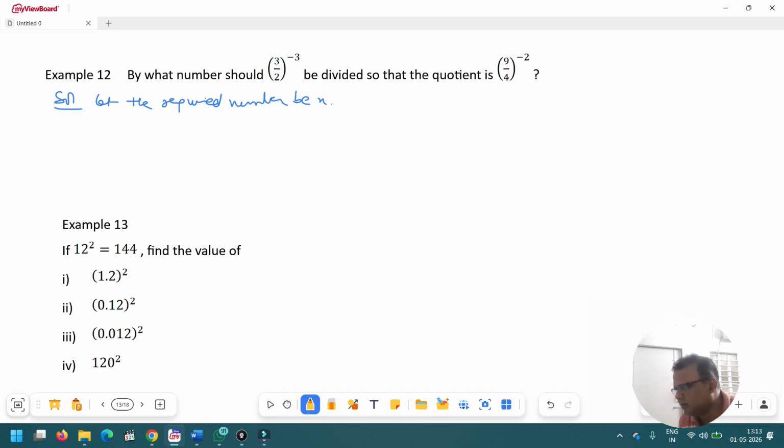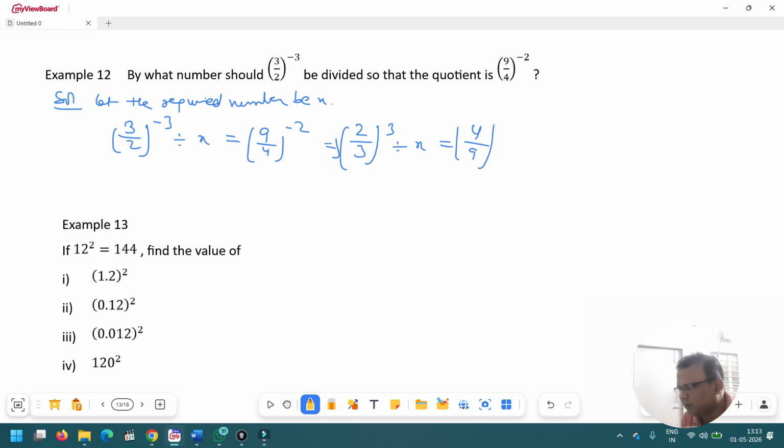Then 3 by 2 to the power minus 3 divided by x is equal to 9 by 4 to the power minus 2, equal to 2 by 3 to the power 3 divided by x is equal to 4 by 9 to the power 2, equal to 8 by 27 divided by x equal to 16 by 81.